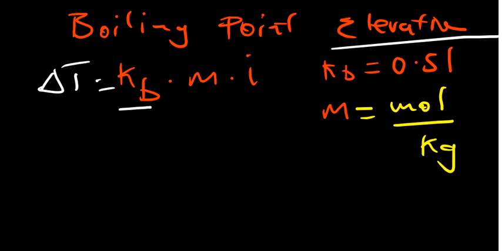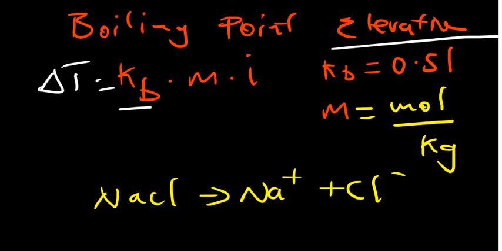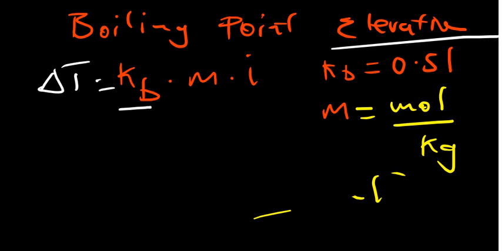For the Van't Hoff factor, you determine the number of ions in that salt. For example, sodium chloride gives sodium and chloride, so there are only two ions we're talking about in this case. Therefore, your Van't Hoff factor is going to be 2. So how do you determine the boiling point elevation?